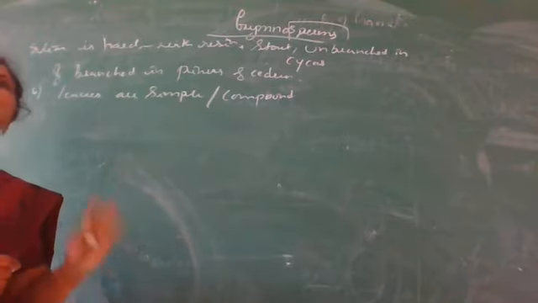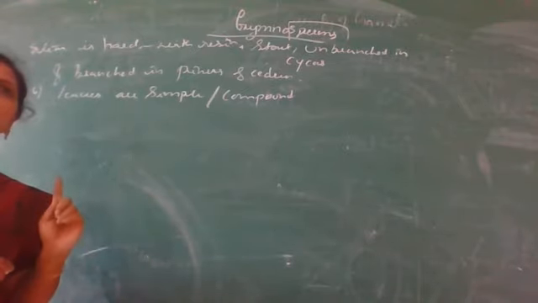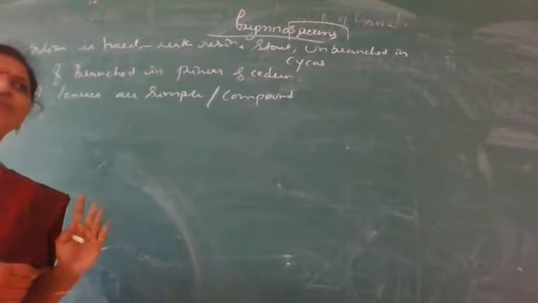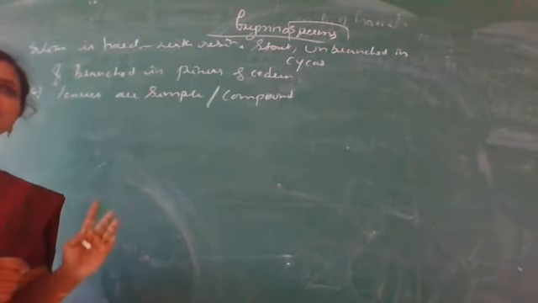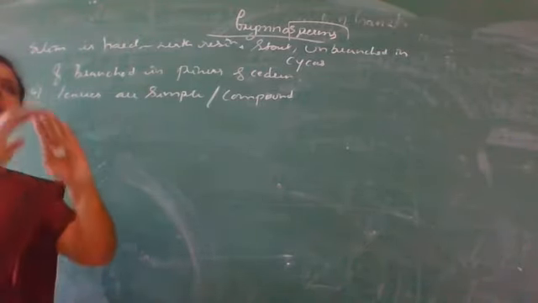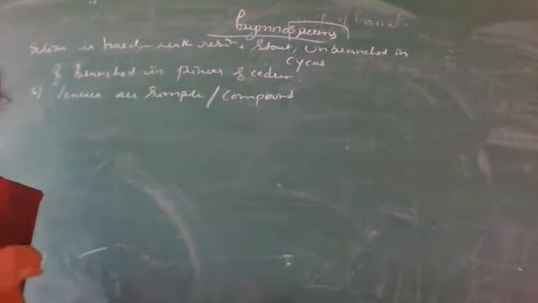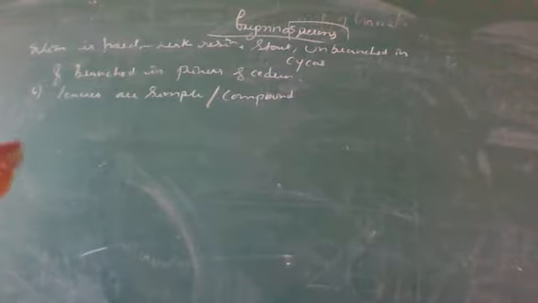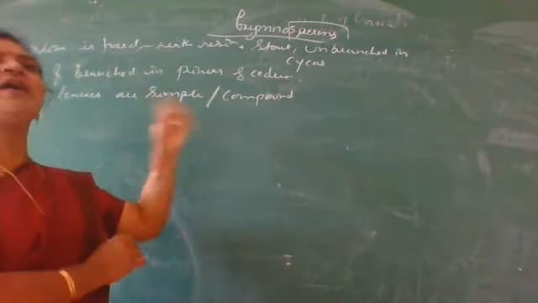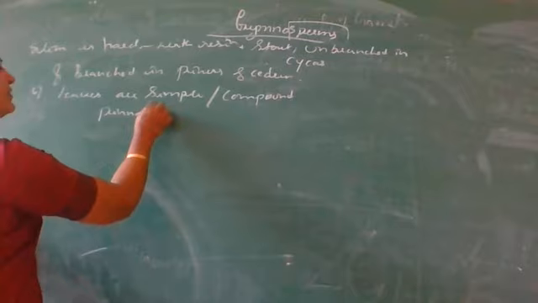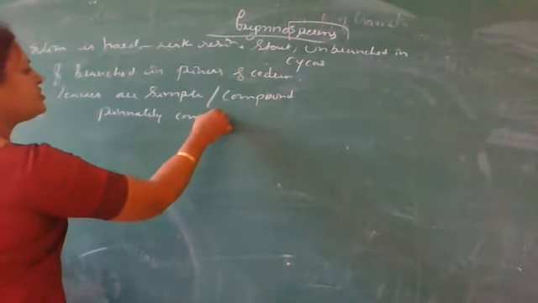A simple leaf means only one leaf blade, that means only one leaf per petiole, where the leaf blade is not dissected into units. Whenever it is dissected into units, that becomes compound.